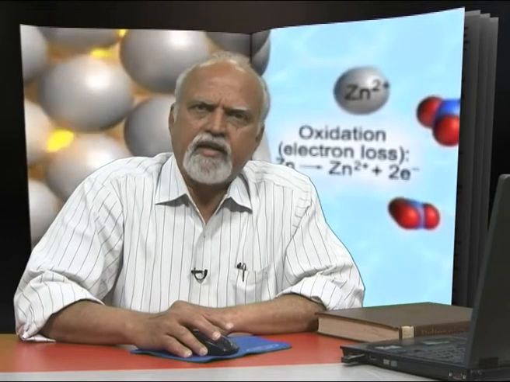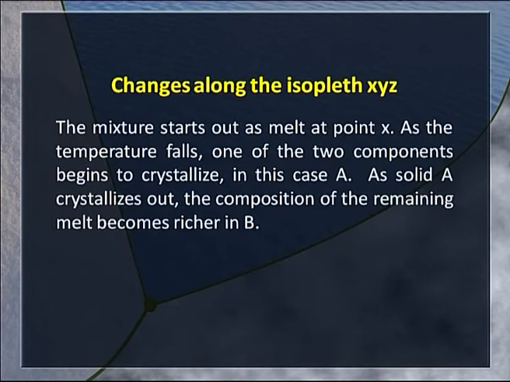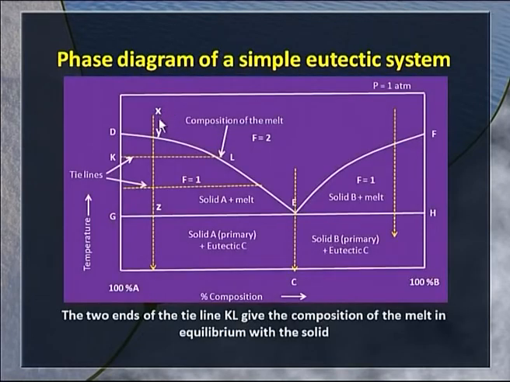Let us find out the changes that are going to take place as we move along the isopleth. We start with a mixture of definite composition and heat it and take it to point X in the diagram. That is X, it is in the molten state. We have 2 degrees of freedom.